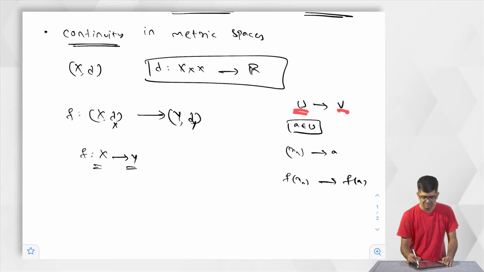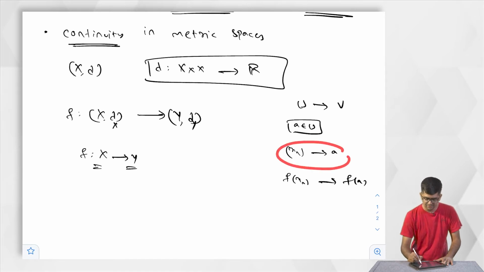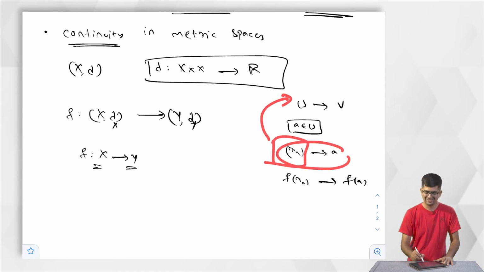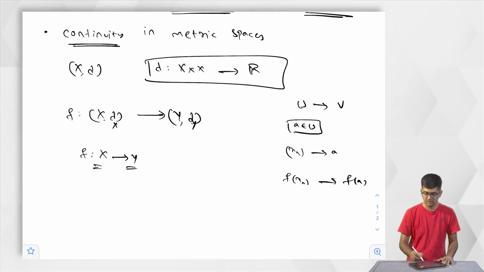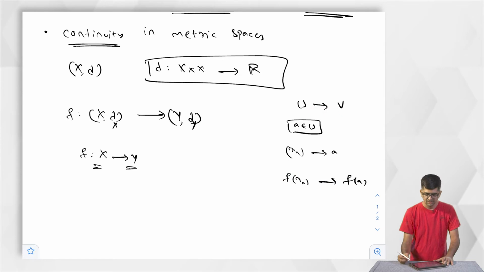Both are subsets of R, so one can talk about convergence in R. This is a sequence in U, a subset of R, and this is also a sequence in V, a subset of R. So this is one of the definitions.